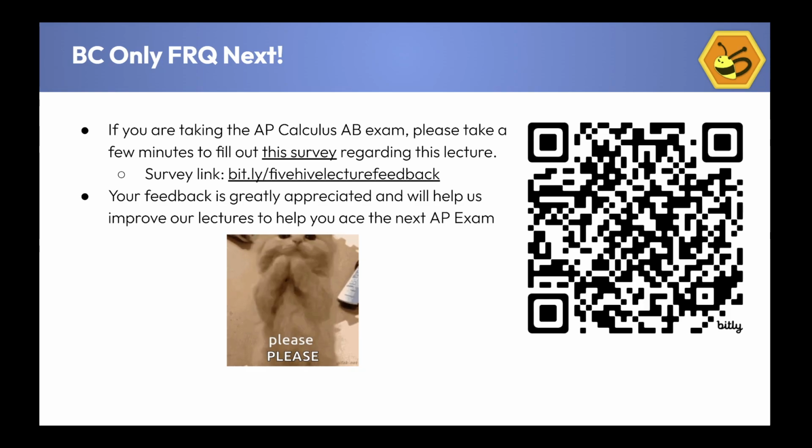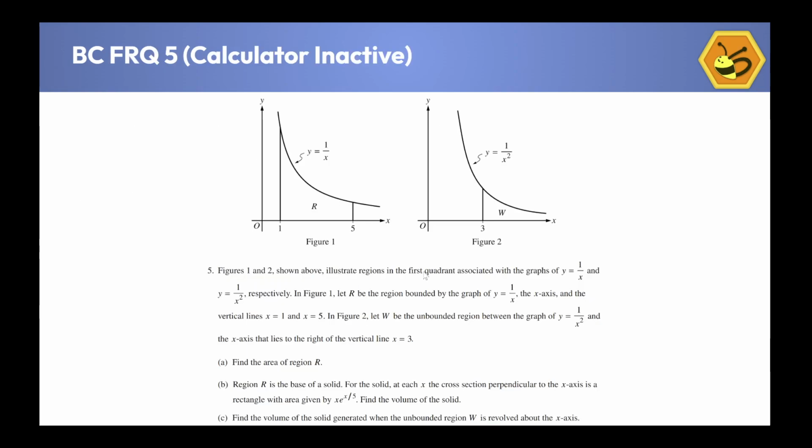For instance, if you're interested in what BC is, you can take a look, but let's continue to BC stuff. So for BC, I prepared two FRQs. One is about this one.